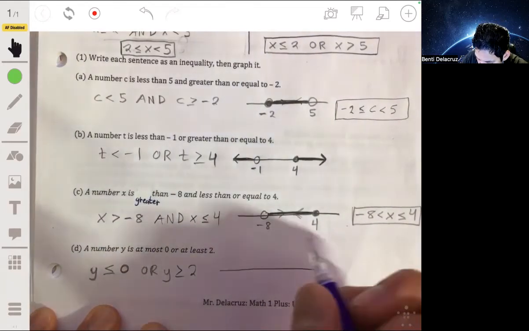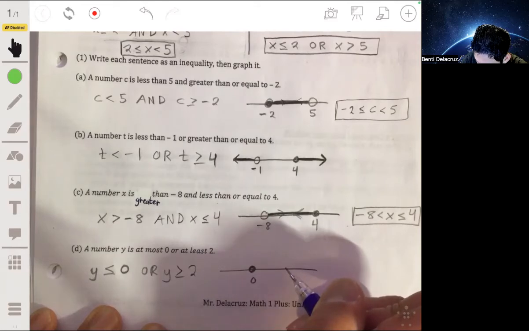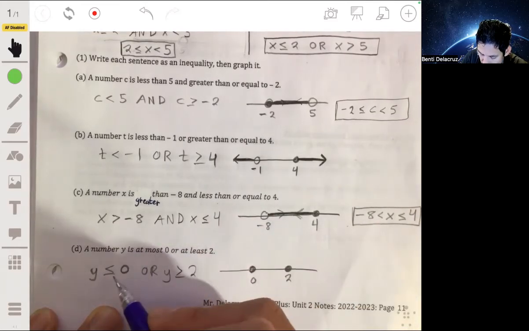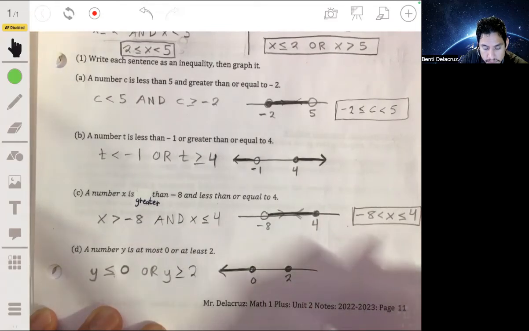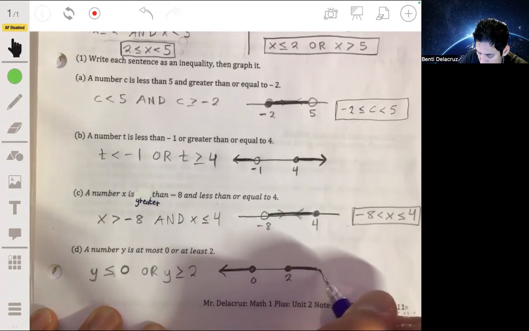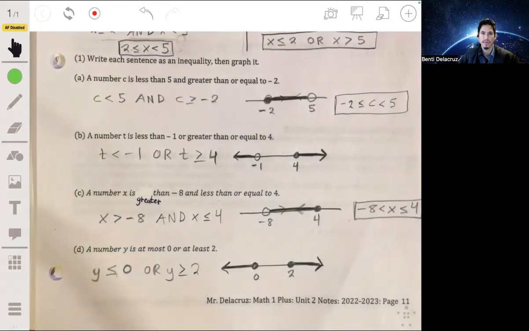So if we number line this, closed circle on 0, closed circle on 2, less than or equal to 0 would be this direction. Greater than or equal to 2 would be this direction. So again, we have a union. That's why we use the word or.